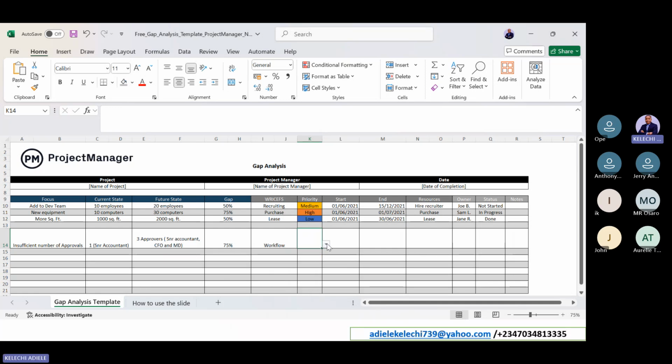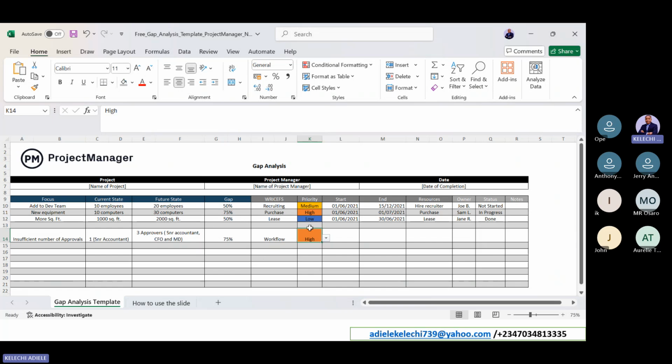Then what's the severity priority? We say this is very high, because you need people to be able to approve. This is an internal control risk, so this is high. When do you hope to start this activity?